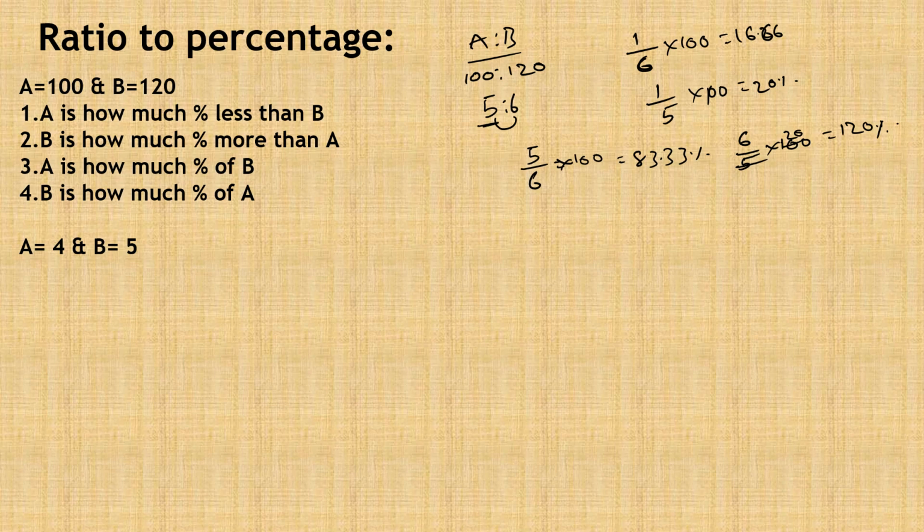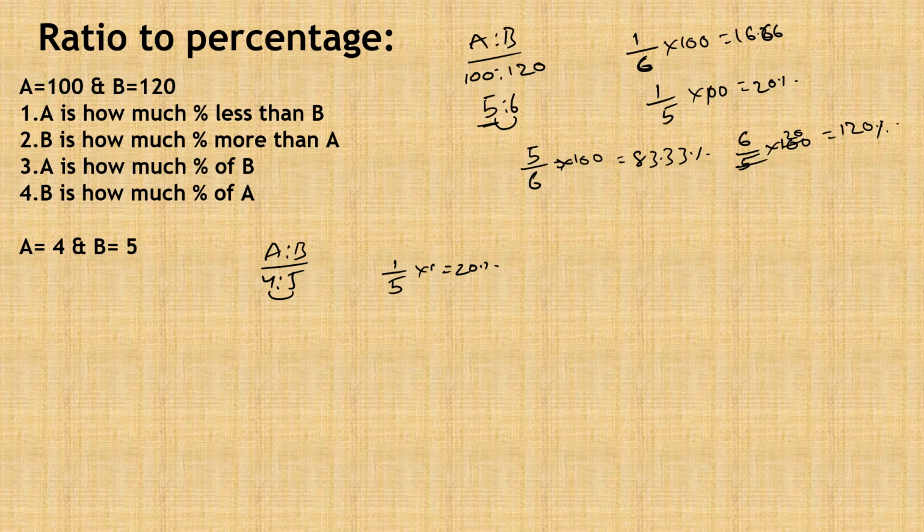Similarly, A is to B is 4 is to 5. A is how much percent less than B? A is 1 less than 5, which equals 20%. 1 by 5 denotes 20%. I will not be writing like this, 1 by 5 into 100.